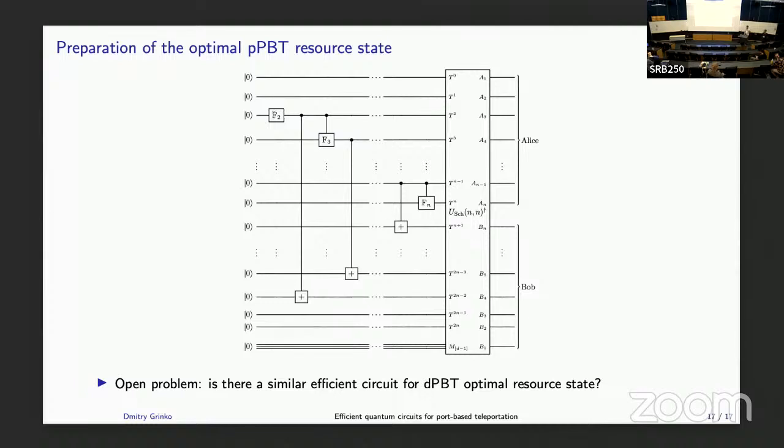Those gates which you see here act in this Gelfand-Tsetlin basis, and the entries of those unitaries depend on the amplitudes of the resource state. The resource states for PPBT were understood analytically, and they have very nice formulas.